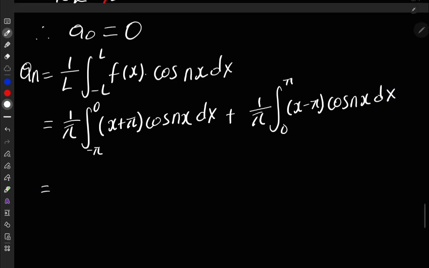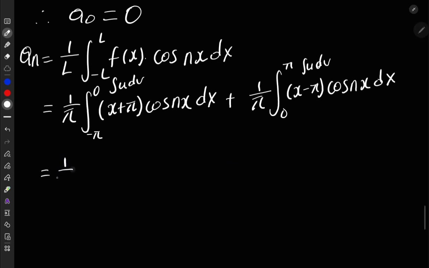Now here, when you are doing this one, you will have to use the u substitution, where this is integration of u dv and this is integration of u dv, and you're going to use it in order to be able to integrate this.